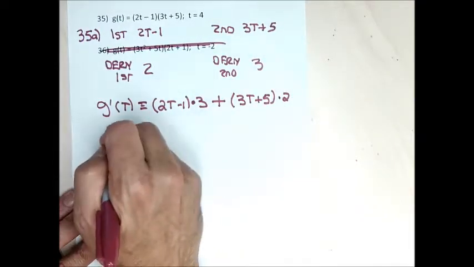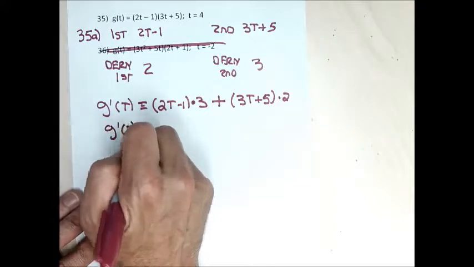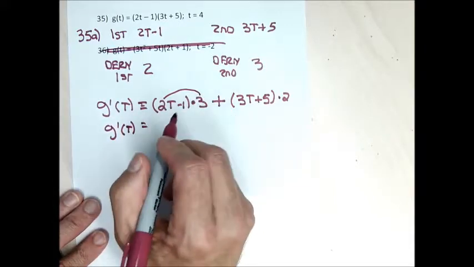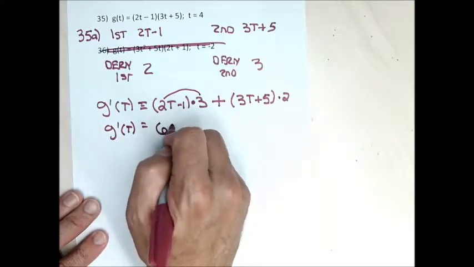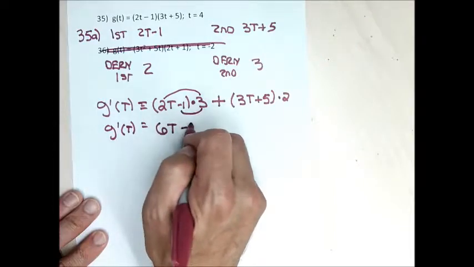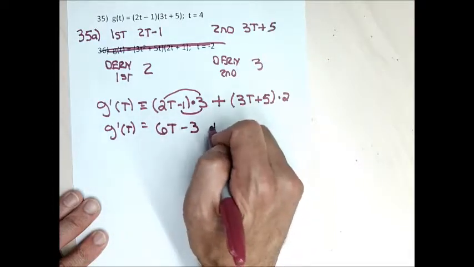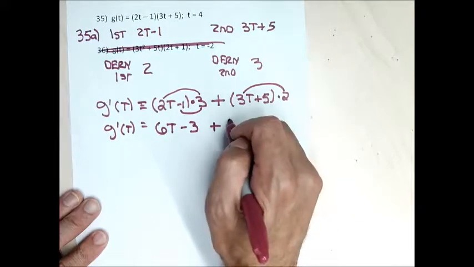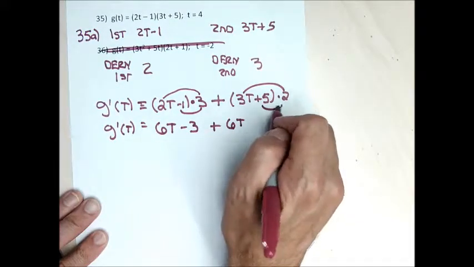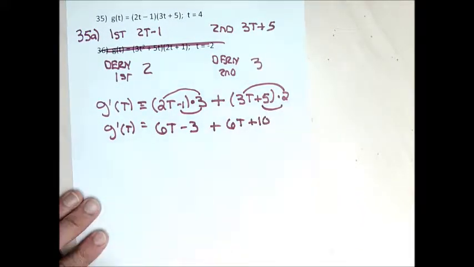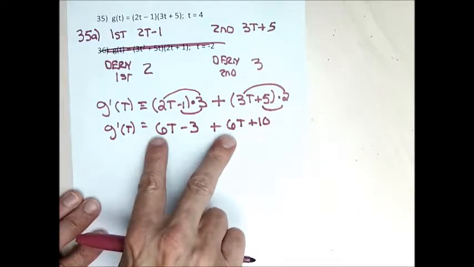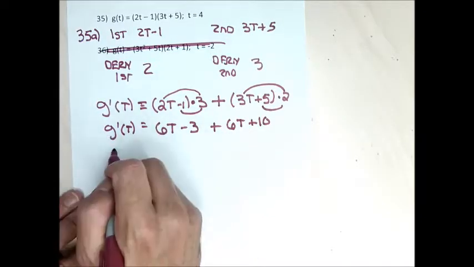So the derivative is, let me see, 2t times 3 is 6t, minus 1 times 3 is minus 3, 3t times 2 is 6t, 5 times 2 is 10. Combine the 6t's to get 12t.